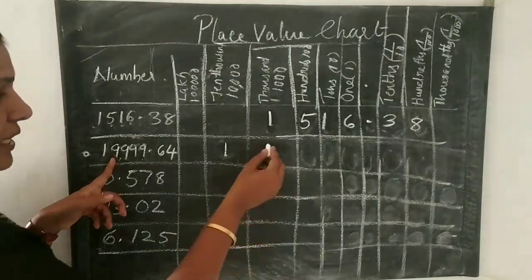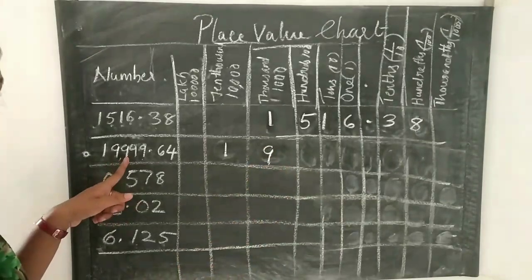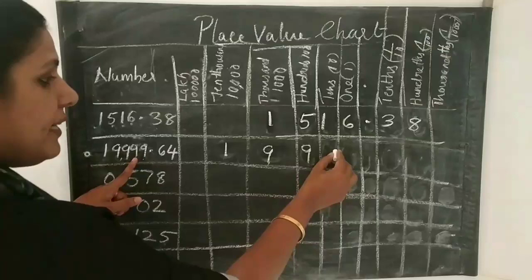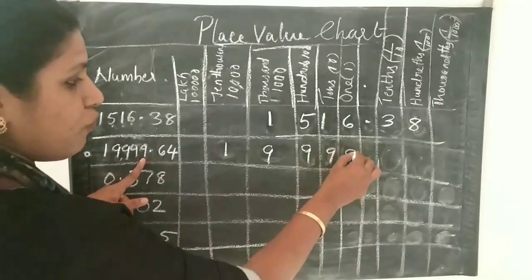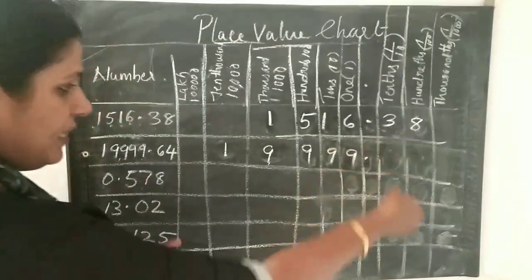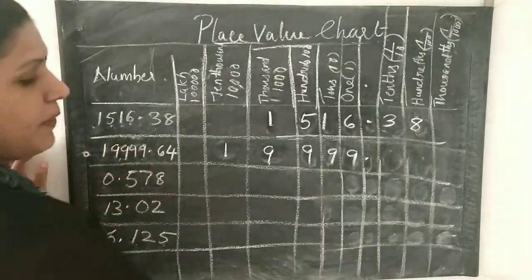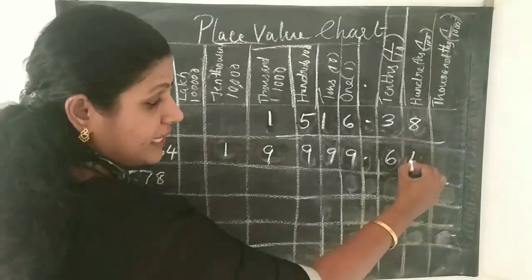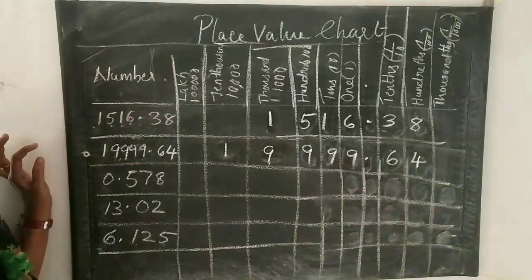Then 9,000 is 9. Then this 9 is in the hundreds place, this in the tens place, and this in the ones place. Then put the decimal point here. Then 6 is in the tenths place and 4 is in the hundredths.